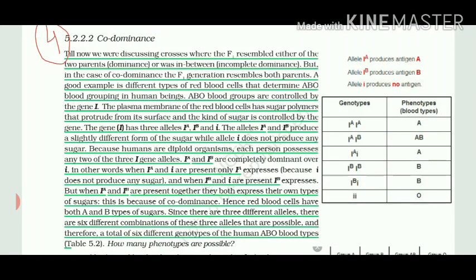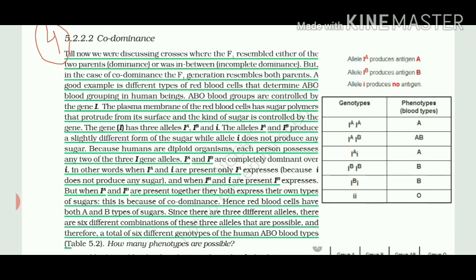So for the 4 blood types, A, B, AB and O, we can have different genotypes. It is a result of codominance.